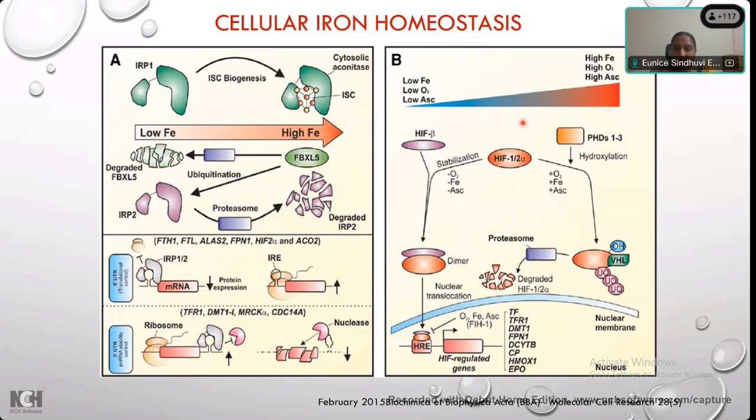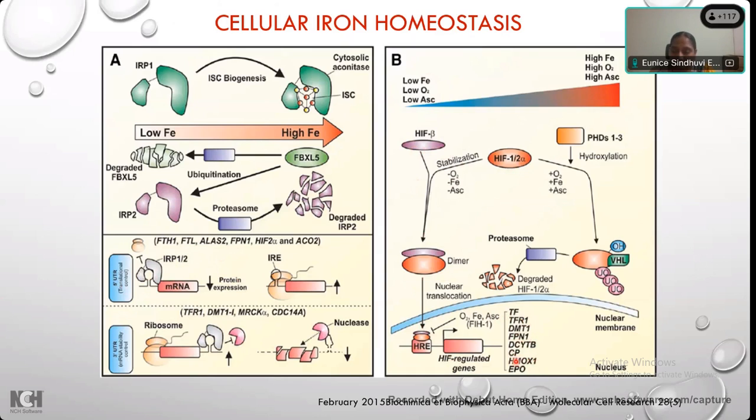And iron homeostasis at the cellular level can also be regulated by oxygen levels. So when there is low oxygen level, as we know, hypoxia inducible factor alpha and beta are stabilized and they dimerize and translocate to the nucleus and upregulate the transcription of various hypoxia induced genes.